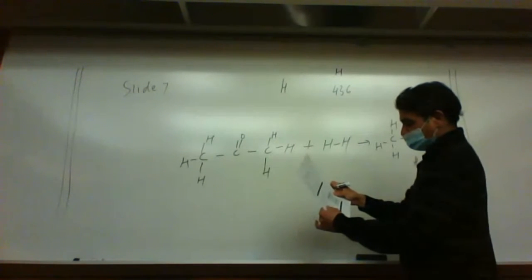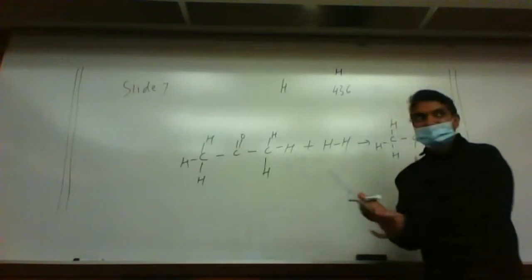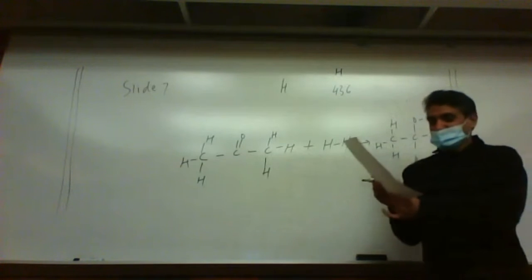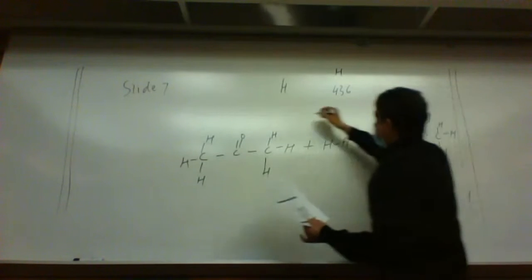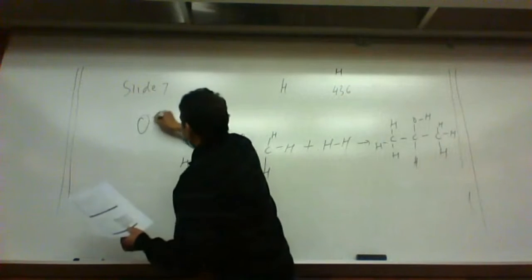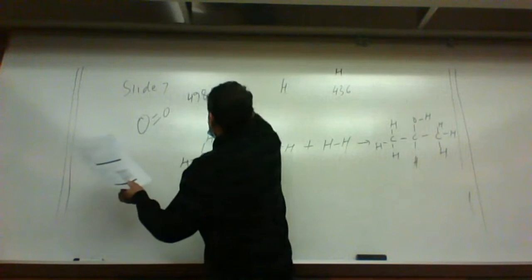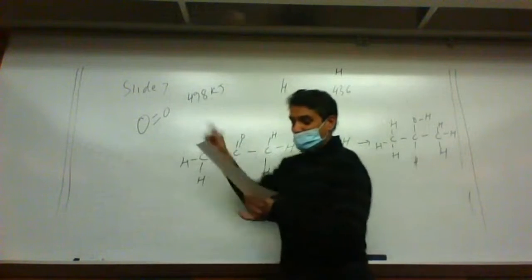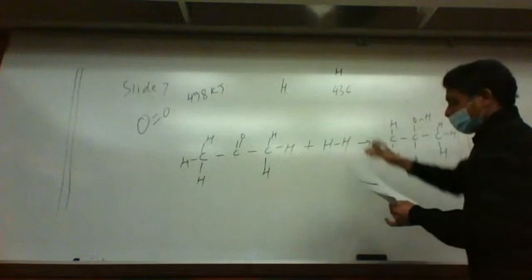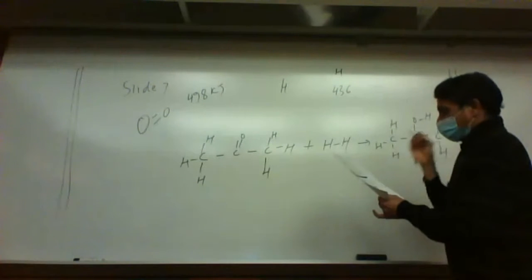O double bond O is given as 498. So if you look at the last line of slide number 12, O double bond O energy is given as 498 kilojoule. So O double bond O, and then H and H is given here.